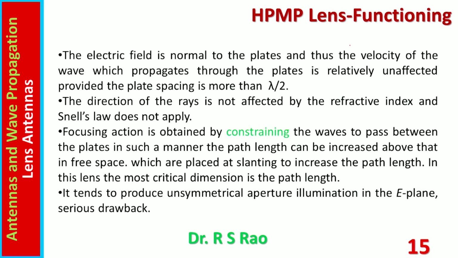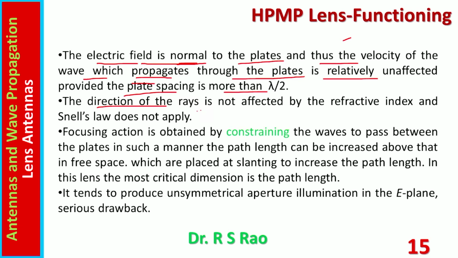Some more points regarding a HPMP lens functioning. The electric field is normal to the plates, and thus velocity of the wave which propagates to the plates is relatively unaffected provided the plate spacing is more than lambda by 2. Notice electric vector is normal. Magnetic vector is parallel to the plates, but electric vector is normal to the plates.